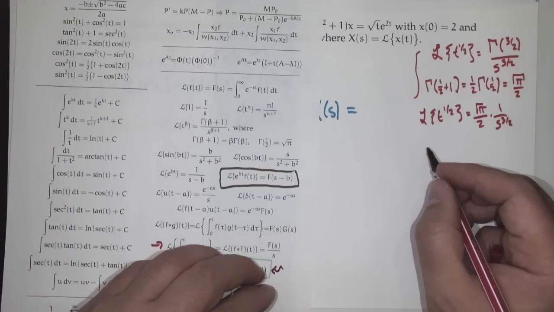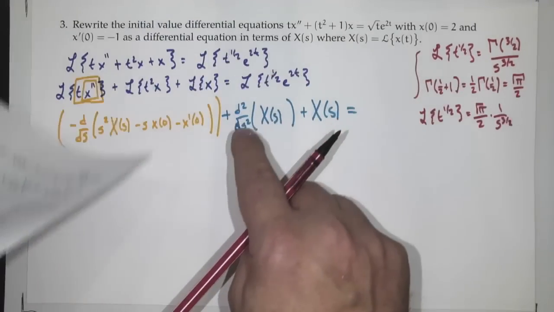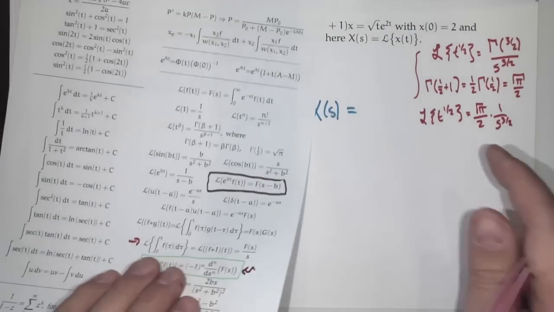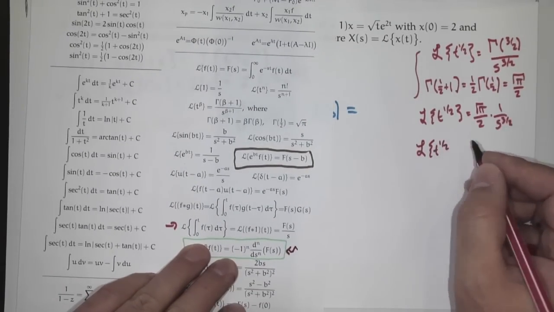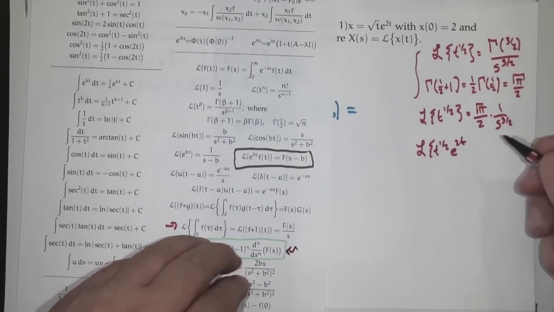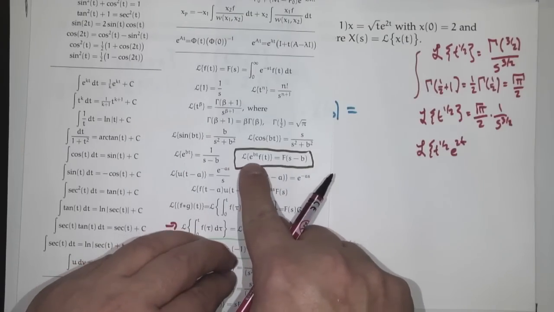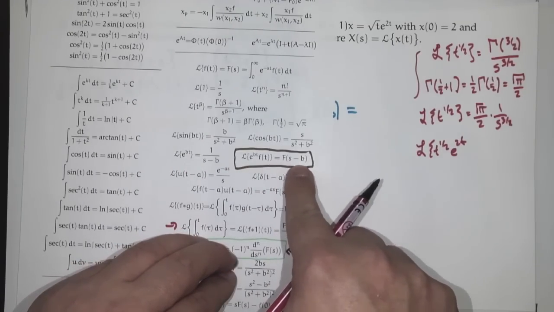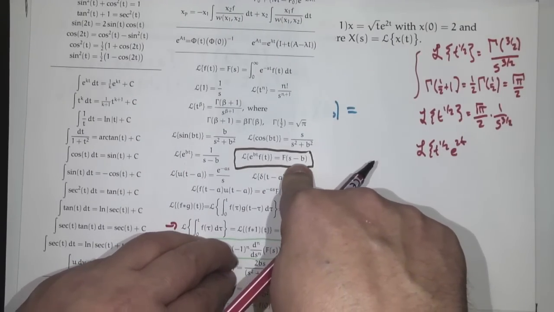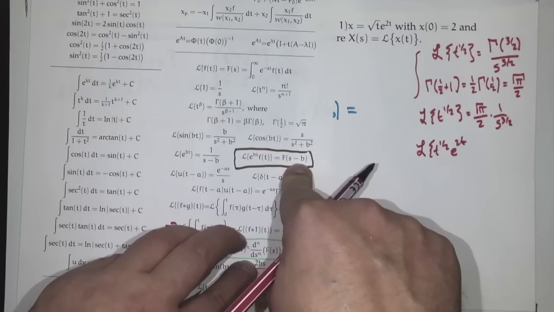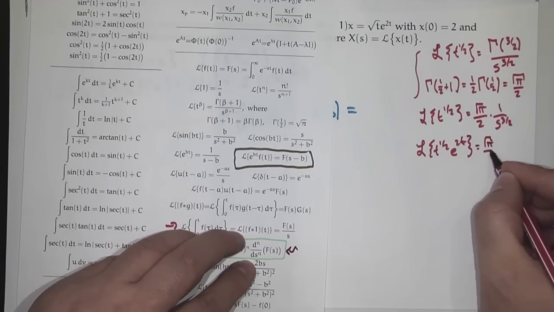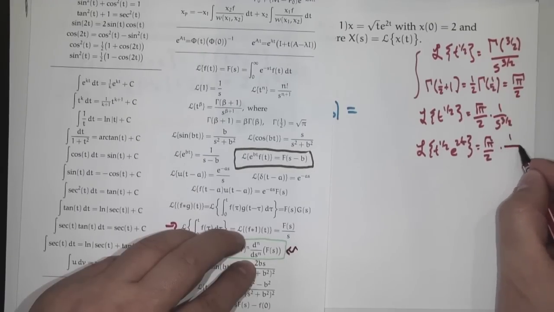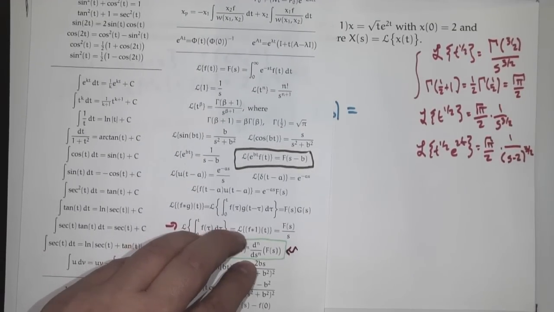Now we add in our shift. So we're doing e to the 2t. So the Laplace transform of t to the 1/2 e to the 2t, well, if we multiply e to the 2t, we put everything in terms of s minus 2. So that's square root of pi over 2, 1 over s minus 2 to the 3/2.